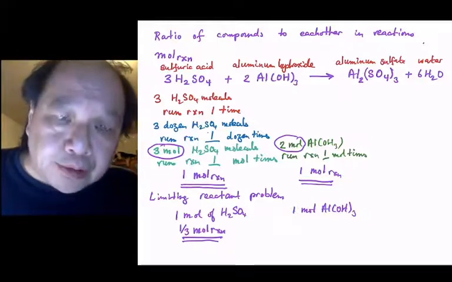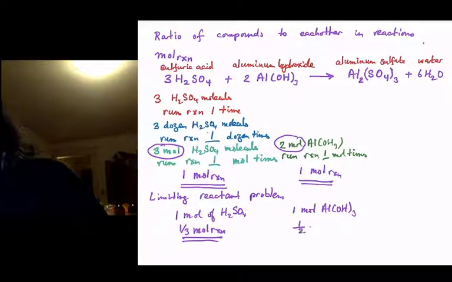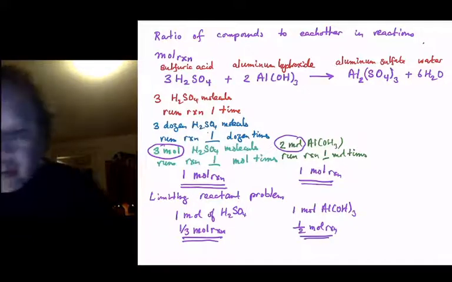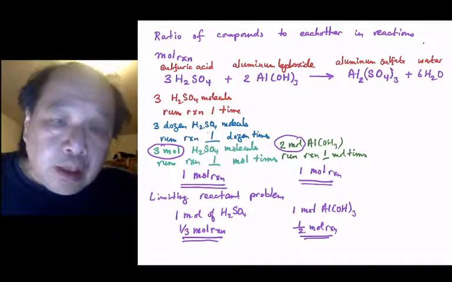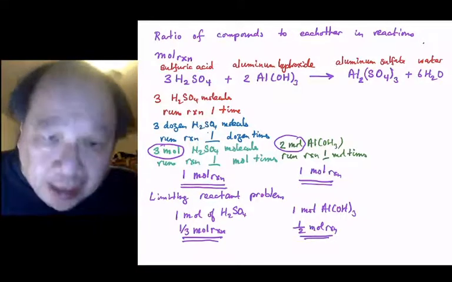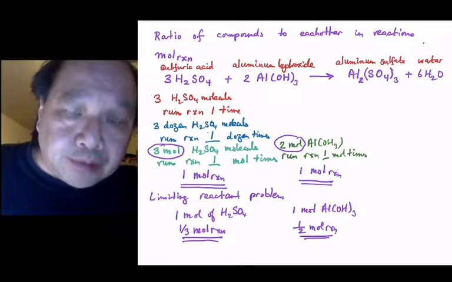Put it in chat, please. And the answer is you can do 1/2 mole reaction. So with 1 mole of H2SO4 and 1 mole of AlOH3, each different reactant can run the reaction a different number of moles of times.